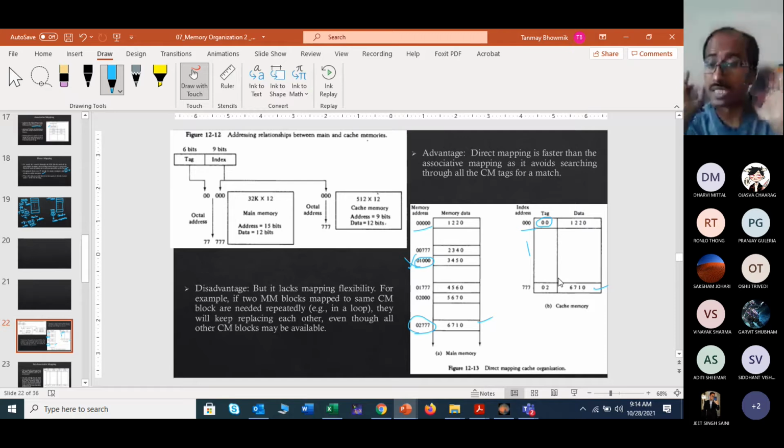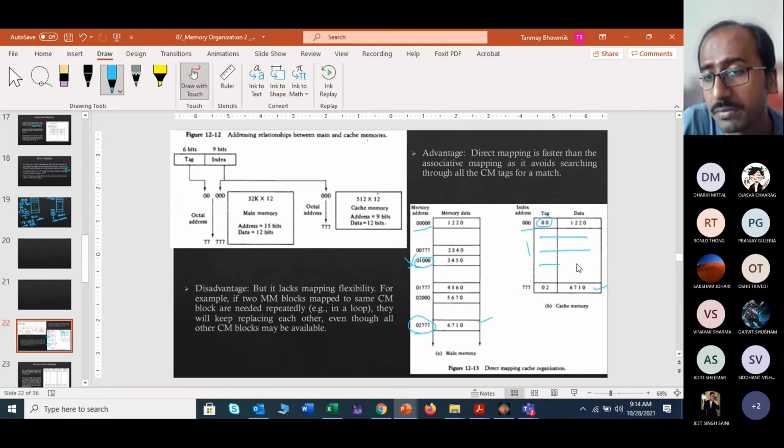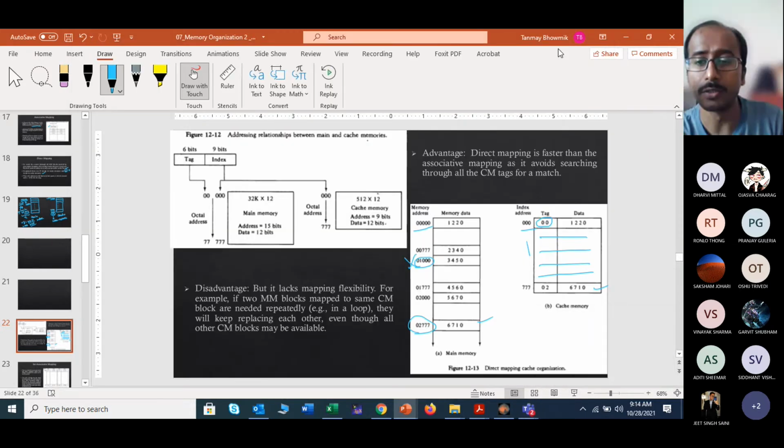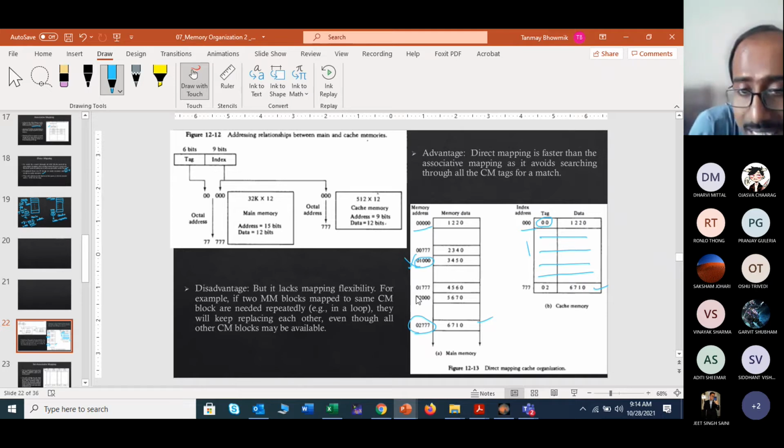Now consider that all the in-between memory places are free, right? We have not put any data into them.